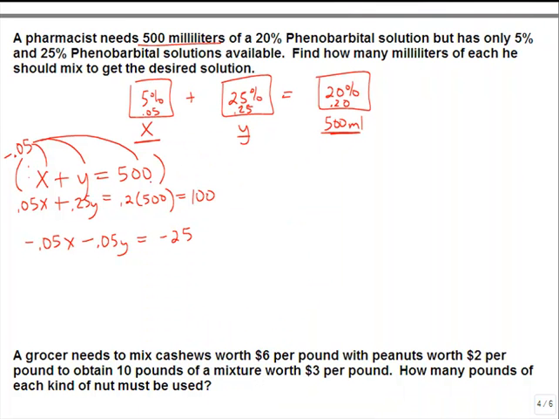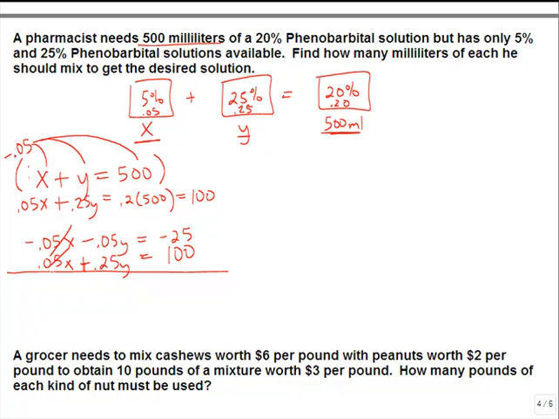So there's my top equation multiplied through by negative 0.05. The bottom equation I'm not going to change, so 0.05x plus 0.25y equals 100. And now we're going to add down.